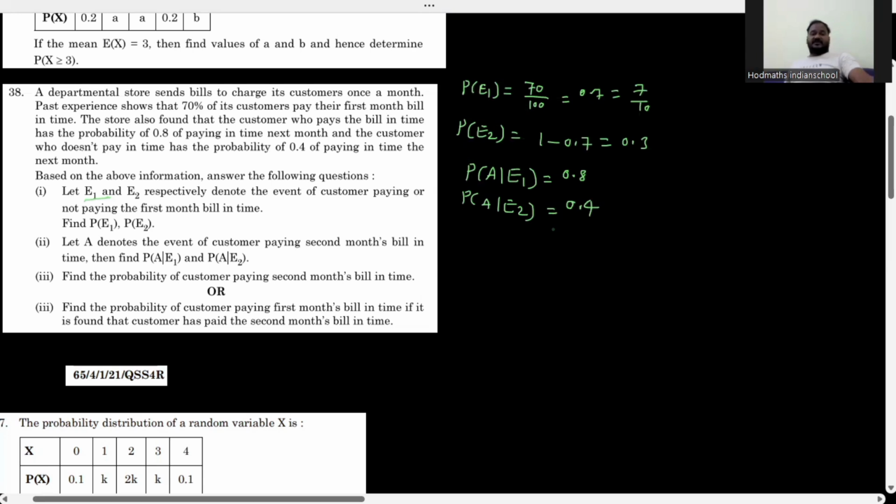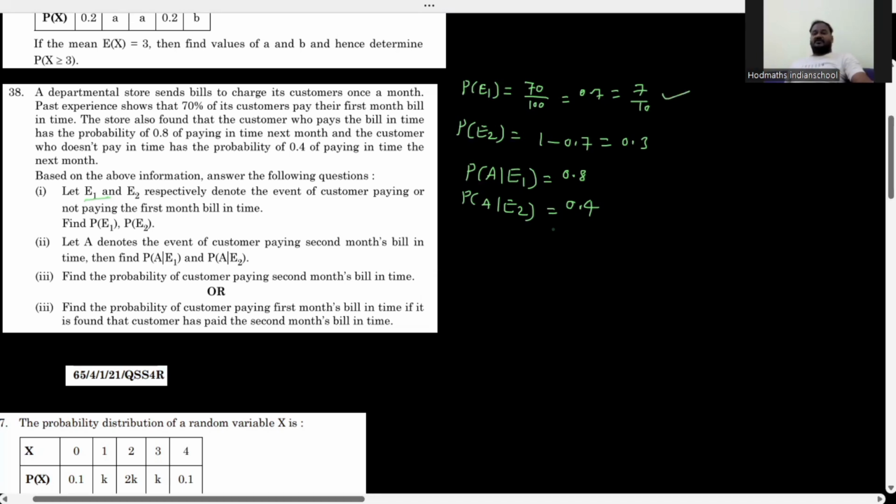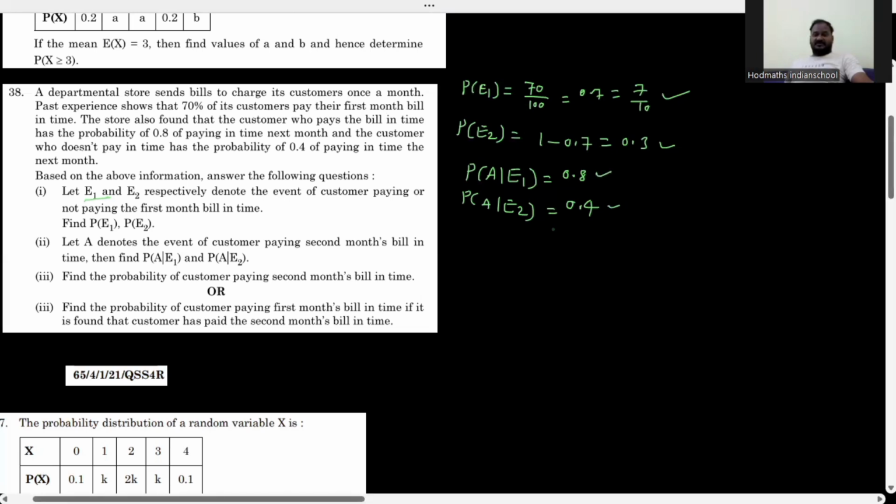So what are you asked to find? Find the probability of E1, comma, probability of E2. Probability of E1 is 0.7 and probability of E2 is equal to 0.3. And the second question, A denotes the event of customer paying second month bill in time. Then probability of A given E1 is 0.8, A given E2 is 0.4.